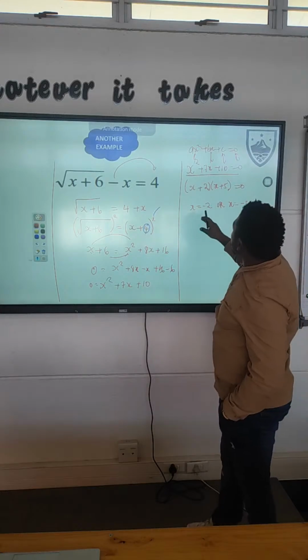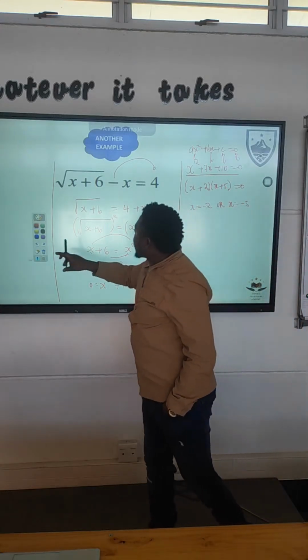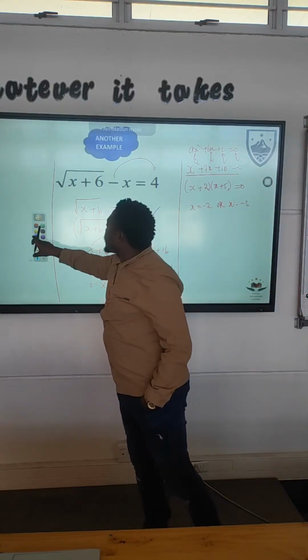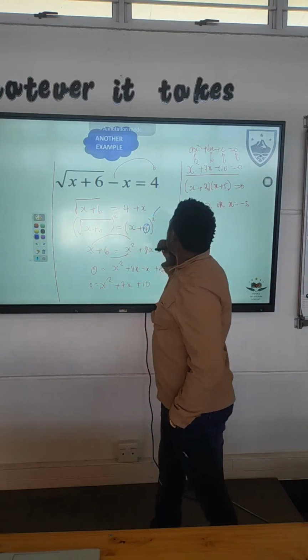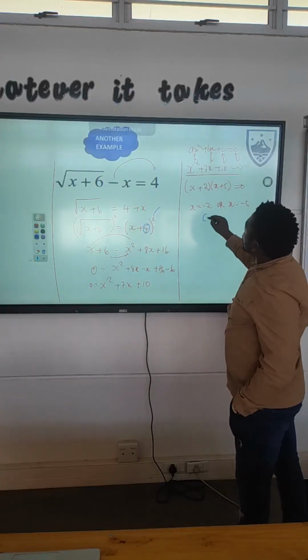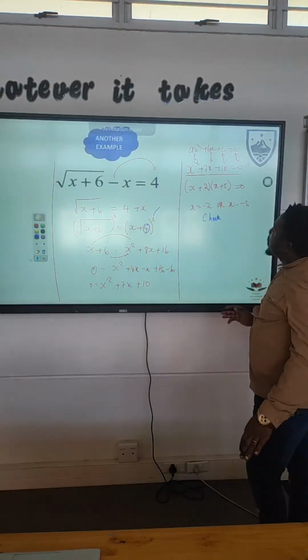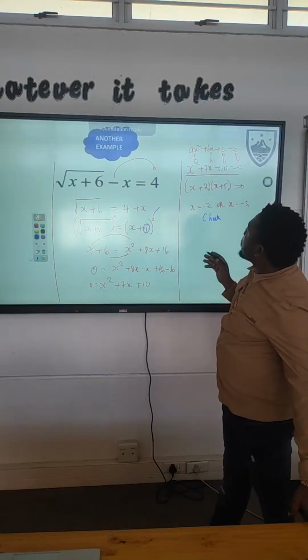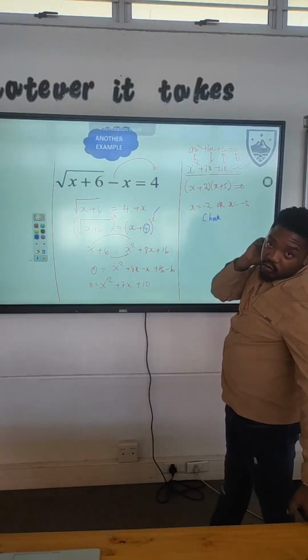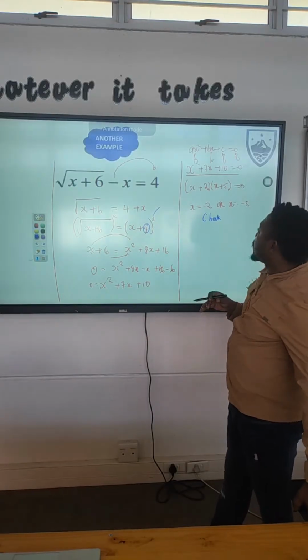So you have x equals negative 2 and x equals negative 5. It doesn't end there, because sometimes one of the answers is not a solution. So you need to go and substitute and check. You can check that on a scribbler or on a piece of paper. It's up to you. You just have to come back and show us which one is a solution and which one is not a solution.